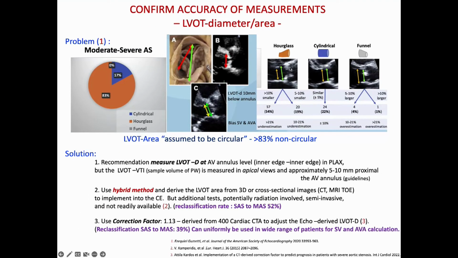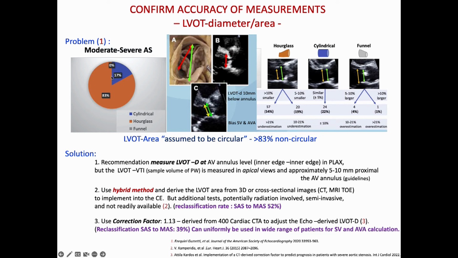If you measure the LVOT diameter near to the annulus, in this 83% of the moderate to severe valve patients, you are probably getting close to the realities. If you go 5-10 millimeters below that, more proximally into the outflow tract, depending on how low you go, you may underestimate by between 10 to 21% or even more than 21% the stroke volume or the aortic valve area.